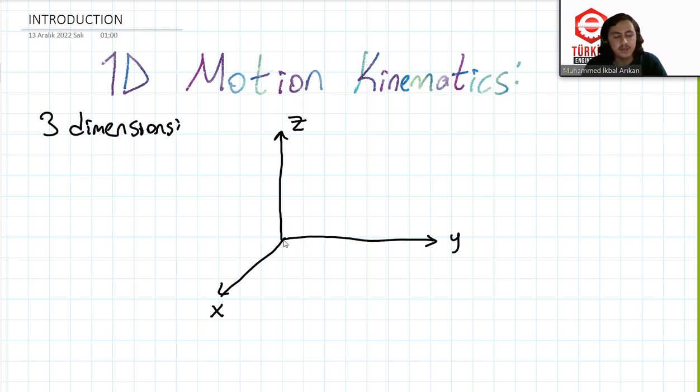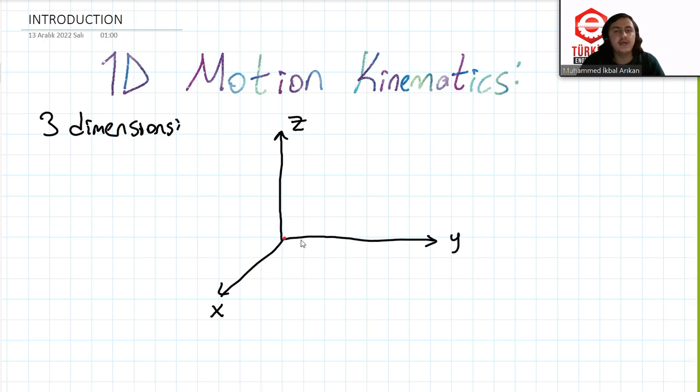For example, if I'm moving only in the x-axis, I'm changing my position in the x-axis, but my position for the y-axis will be the same. So as you see, I don't have any displacement in y. My position will be stable in y and in z also. So in this case, my motion will be only in one dimension.